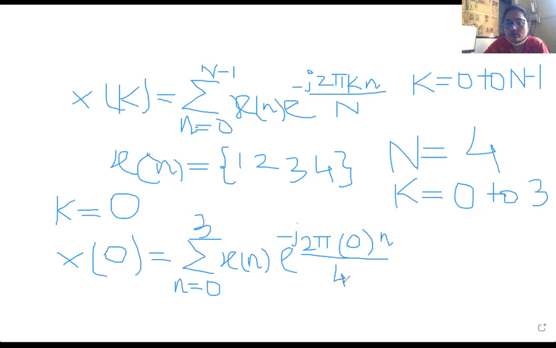Total samples are 4, so the equation will change accordingly. Taking this part, e raised to minus j 2 pi multiplied by 0 multiplied by n divided by 4 is nothing but e raised to 0.